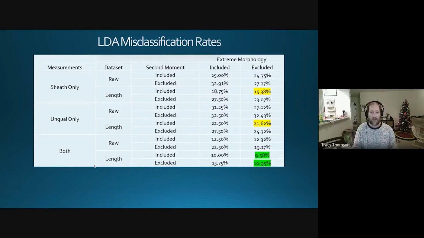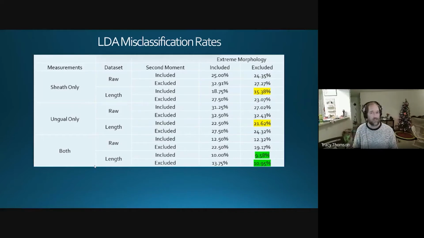If you only have the ungual, for example, a fossil organism where you don't have the sheath, again, make sure you use the lengths, include the second moment of area if you can, and exclude the extreme stuff, and you can get it down to about 79% classified correctly. The best case scenario is having both structures together using the lengths. You can get that down to around 10%, or 90% classified correctly.